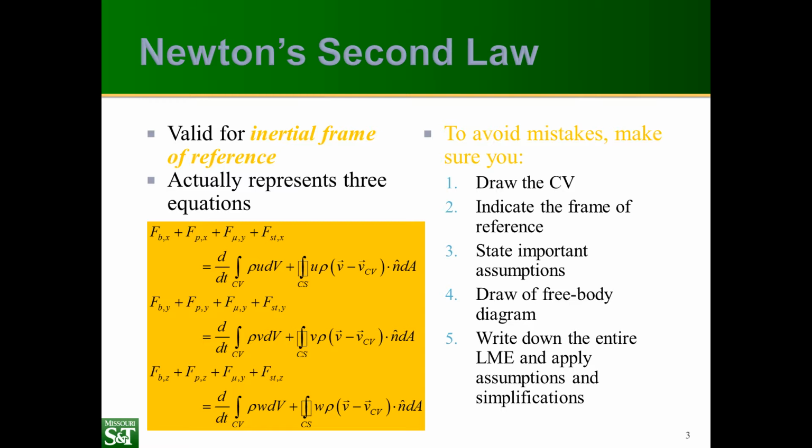So we want to make sure we draw the control volume, indicate our frame of reference, our x, y, and z coordinates, list out all of our important assumptions, draw the free body diagram, show the directions of all the forces, make sure you get the signs on all the forces correctly, and then write down the entire linear momentum equation, and then apply the assumptions and simplifications afterwards. So you start with the fundamental basic equation.